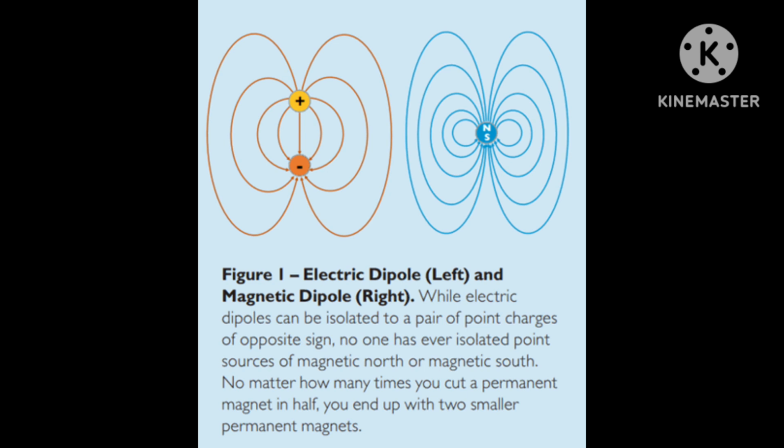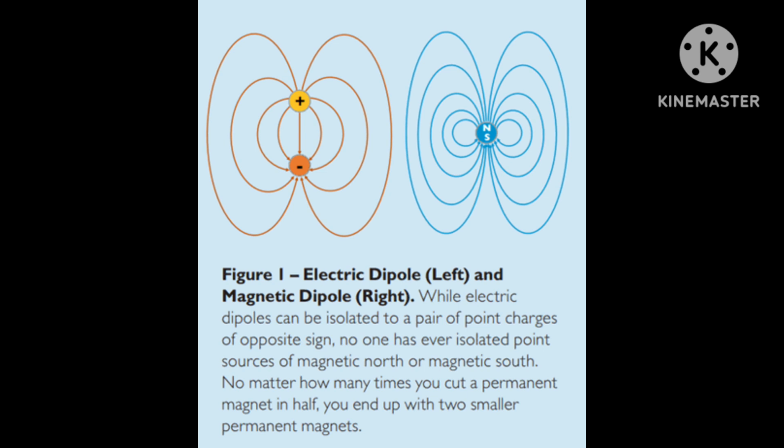This ordering of domains persists even when the magnetic field is removed. This is the important thing. In the first case you have seen, after removing the magnetic field, the magnetic property was going.